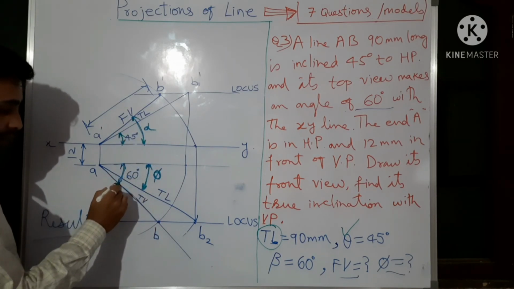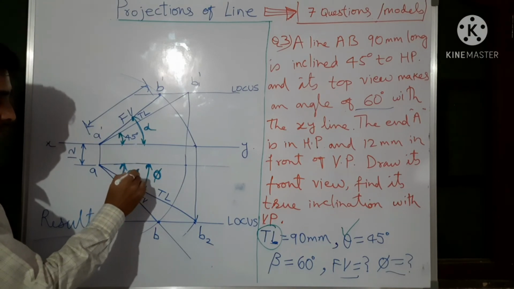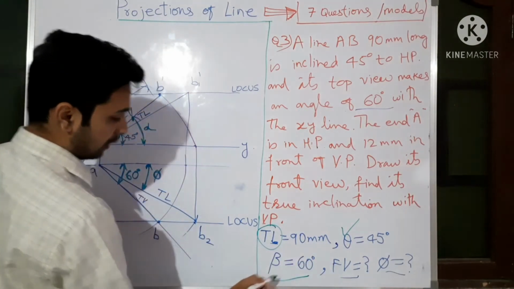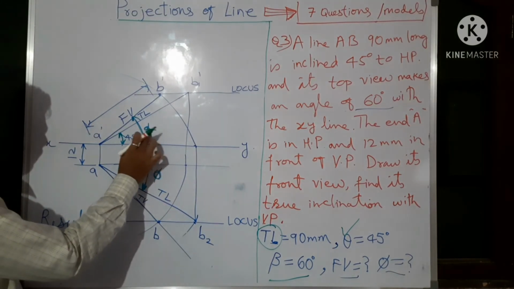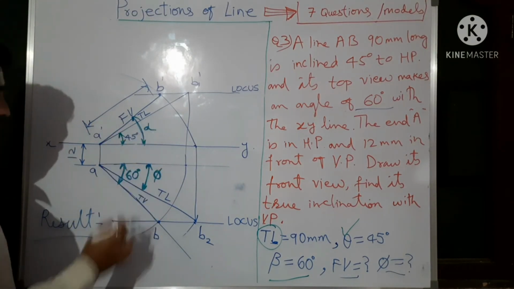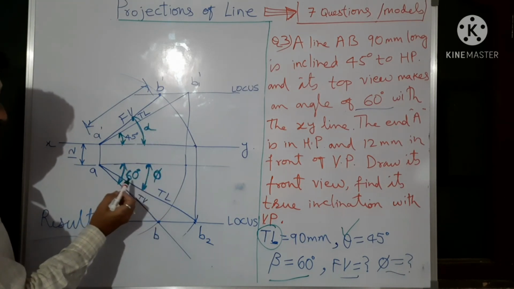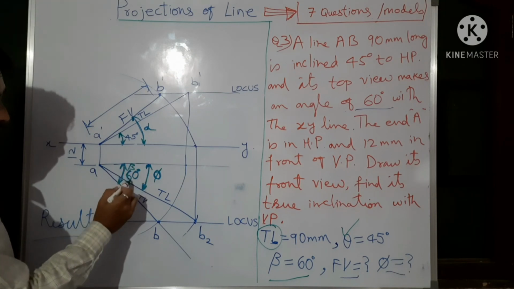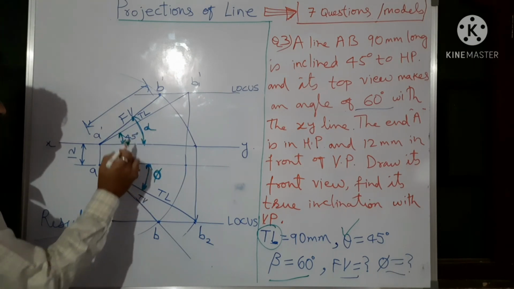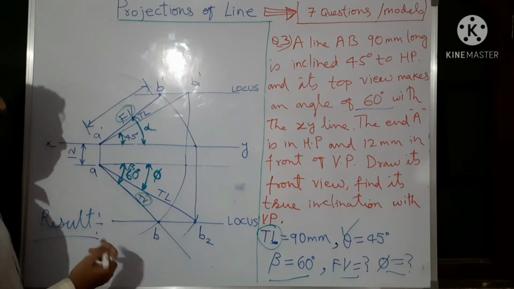Top view inclination, this was given in the question, is beta. So beta 60 degree here, front view inclination alpha. This is anyhow not asked in the question, so we won't keep. Just for knowledge I have given this. Okay. So this alpha and beta 60 degree, these two will be taken with front view and top view. These are called apparent inclinations.